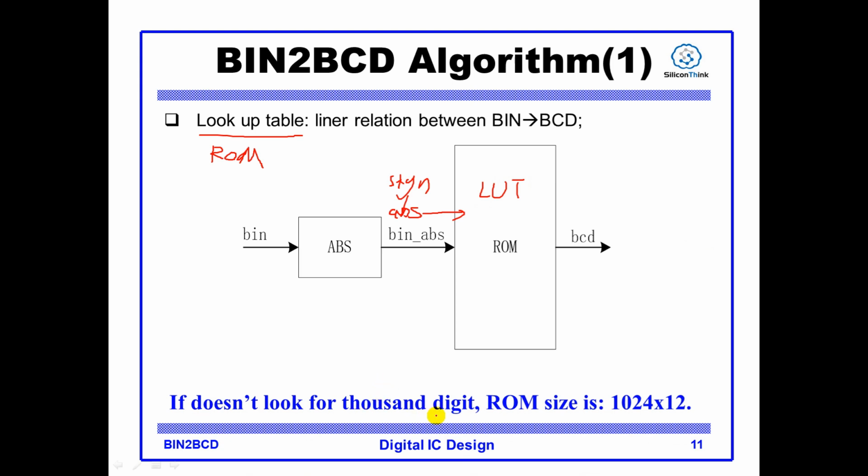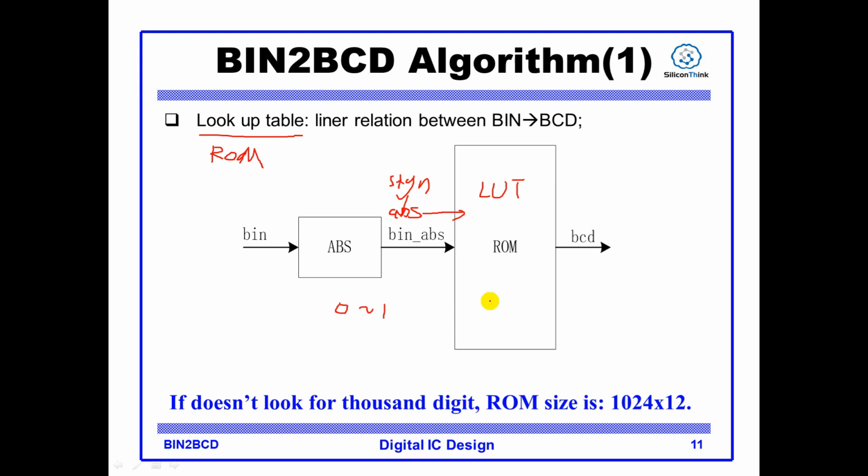And for the 1000th digit, it can be value 1 or 0. So you can use a comparator to decide the value for 1000th digit. So you can omit the lookup of 1000th digit from the ROM.